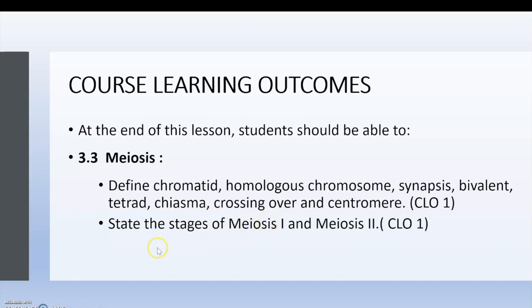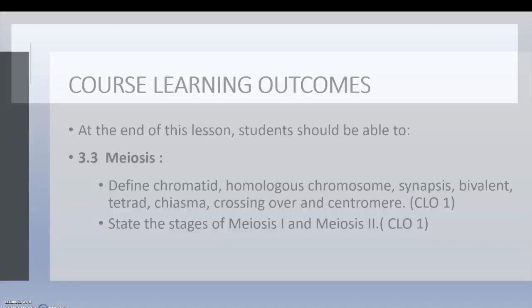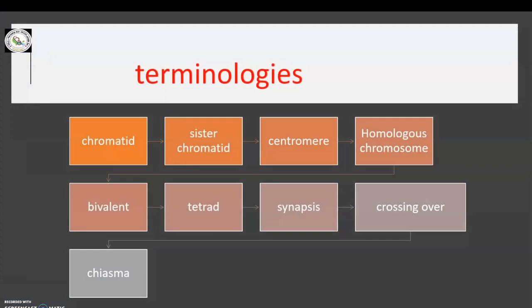And also, you can state the stages of meiosis 1 and meiosis 2. It's easy for you for this terminology. We start with the chromatid, sister chromatid, centromere, homologous chromosome, bivalent, tetrad, synapsis, crossing over, and last with the chiasma.